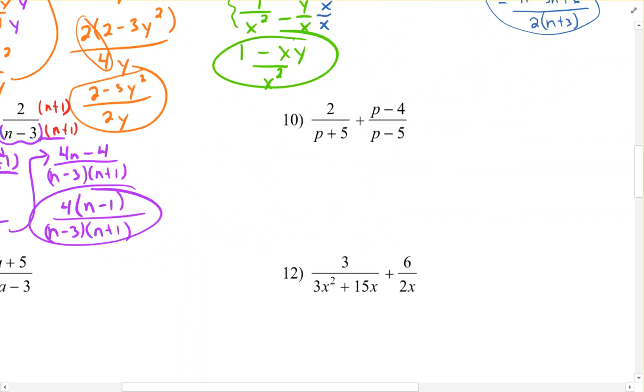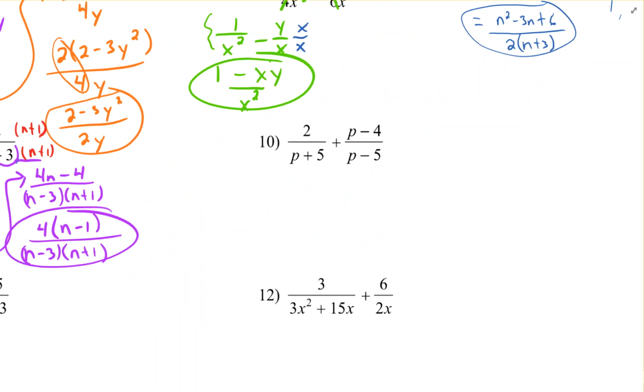10. Okay, our common denominator here is going to be p plus 5 times p minus 5. So let's put little brackets here again. I'm going to multiply the left side here by p minus 5 on the top and bottom. On the right, I'm going to multiply by p plus 5.